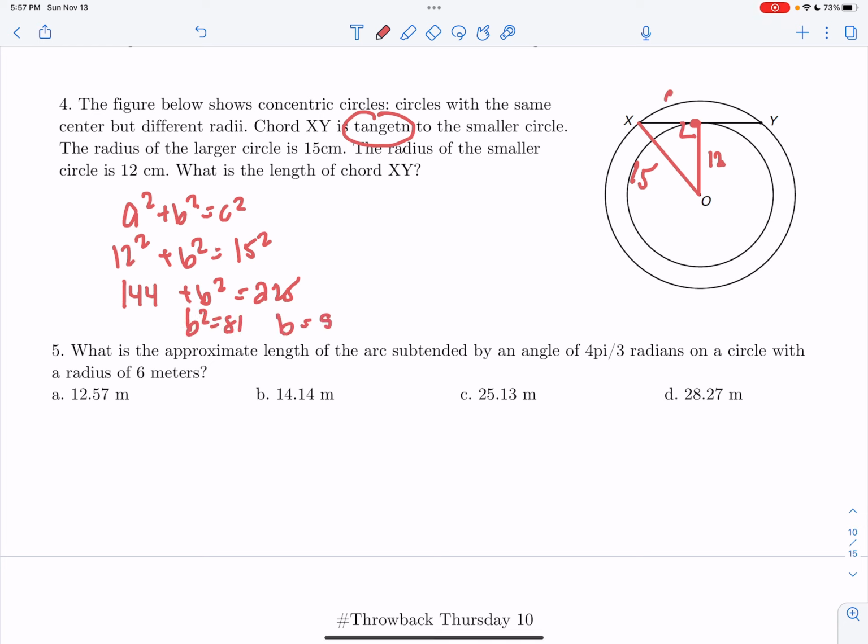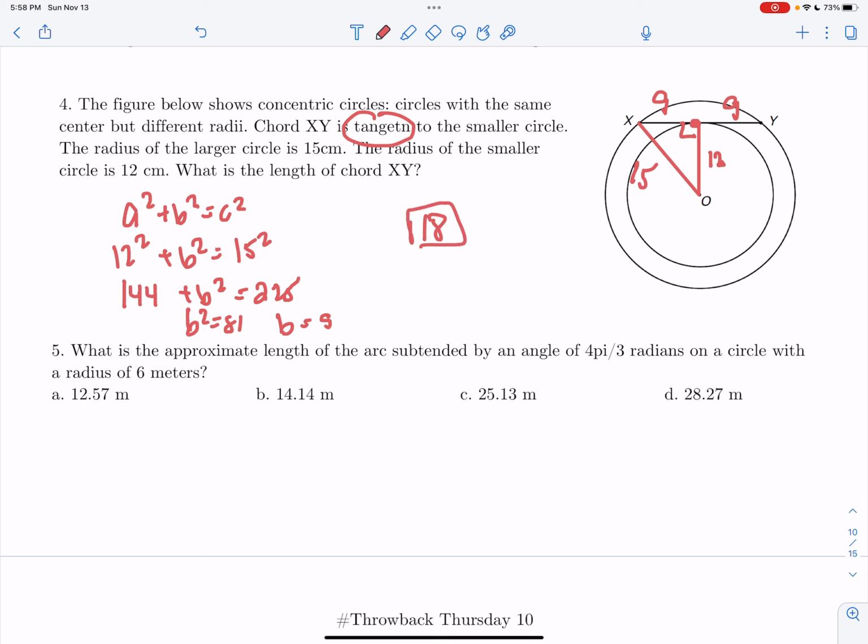So this is 9. And if this is 9, then this is also 9, and then chord xy is 18.